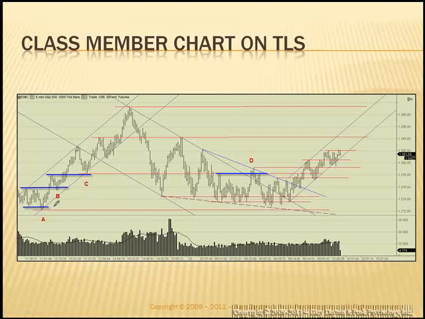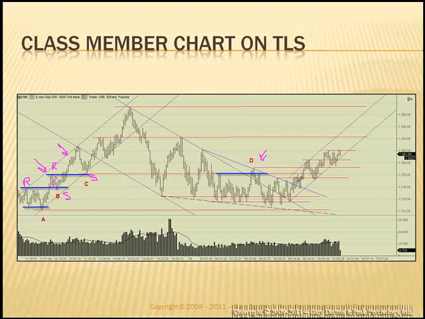And when you see a market rally up like this and put in a higher high and then come back and not much of a pullback here, and it sits on top of old resistance that now turns into support, it's a nice trade.